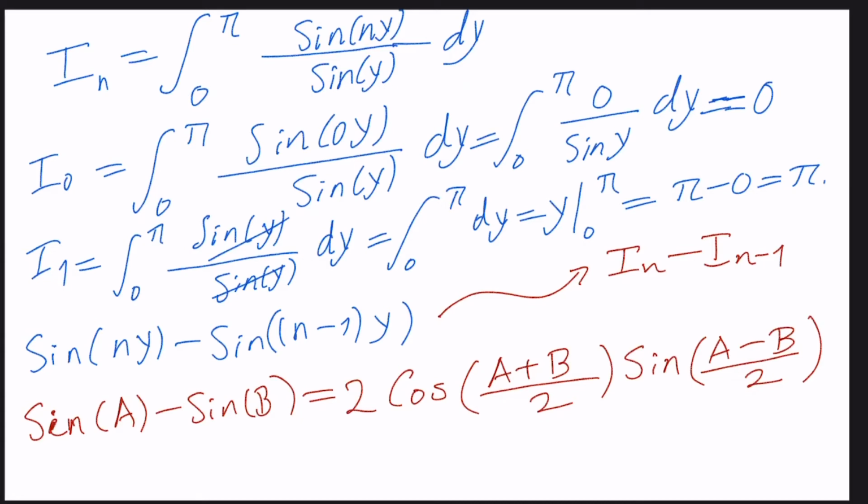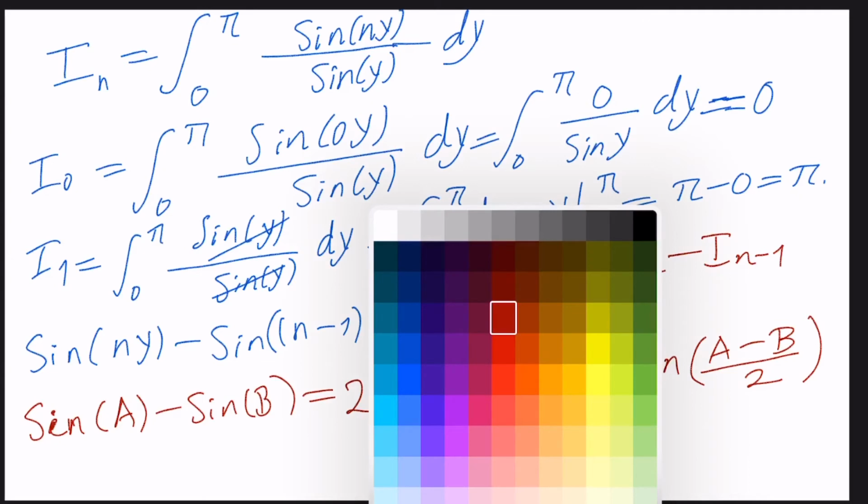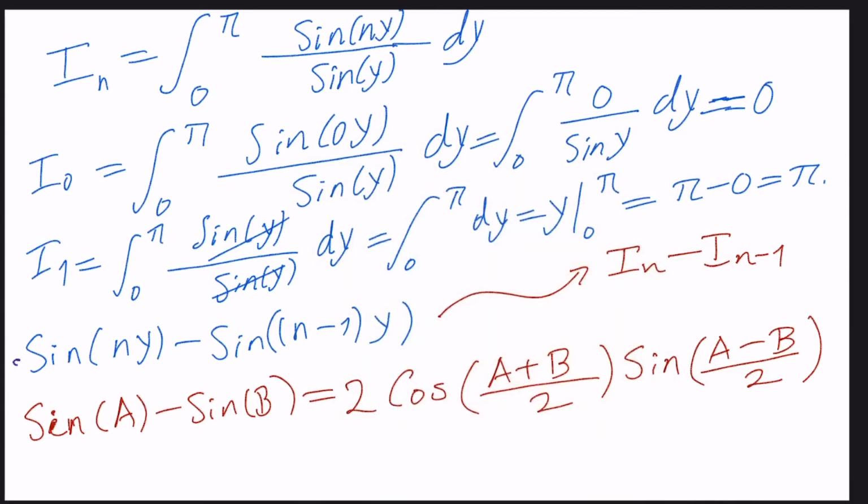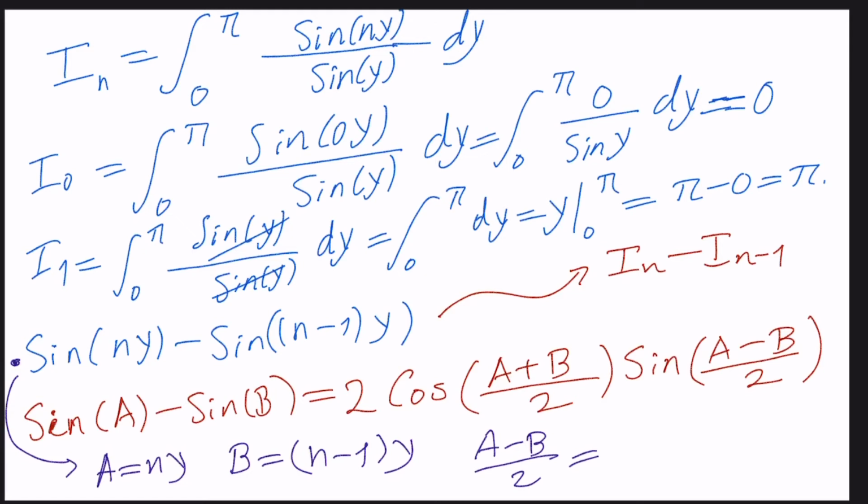Remember that we are playing, just making trials. In this case, A is ny and B is (n minus 1)y. If you do (A minus B) divided by 2, this is the term related with the sine.